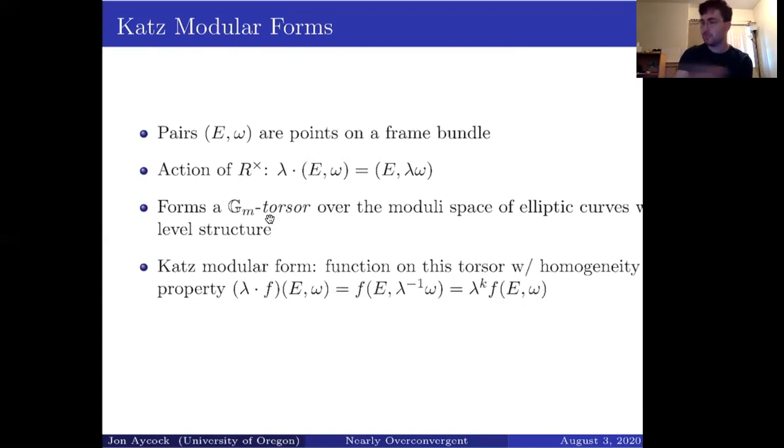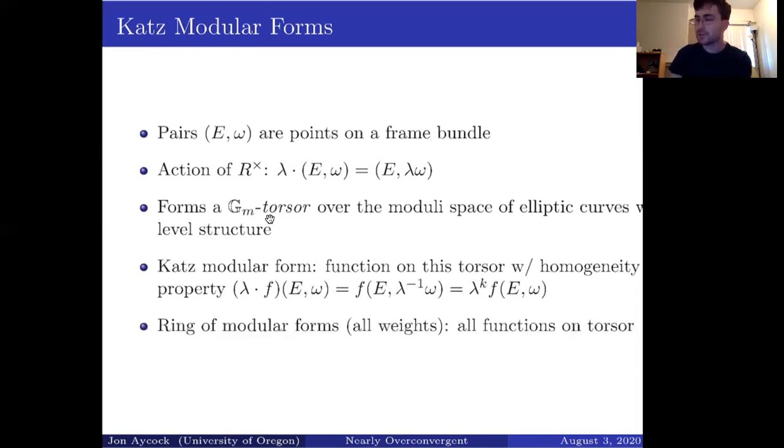And then that's going to pick out a power. Because lambda omega is going to give us lambda to the minus k out front, lambda inverse omega is going to give us lambda to the k out in front. So this is the same homogeneity property from the last slide, but it's viewed slightly modified.